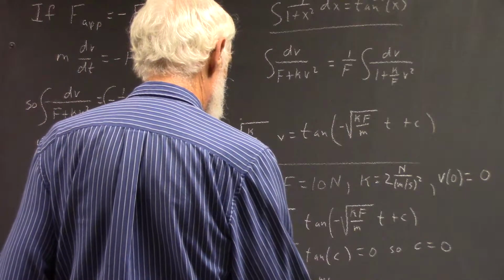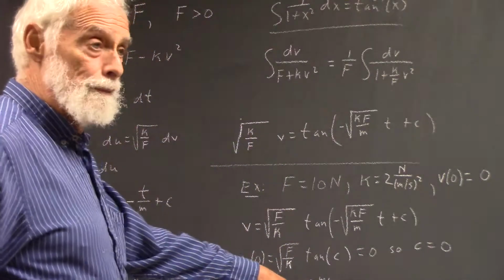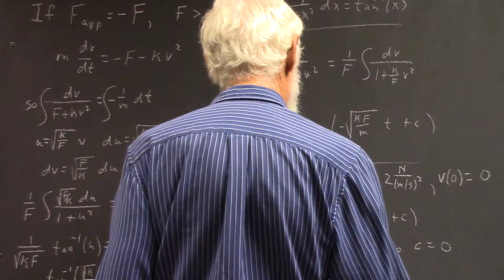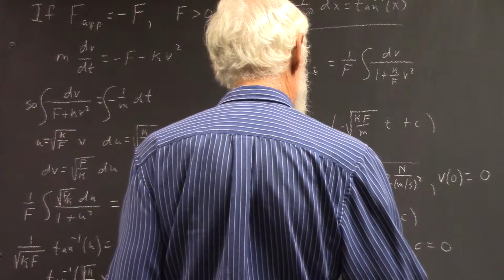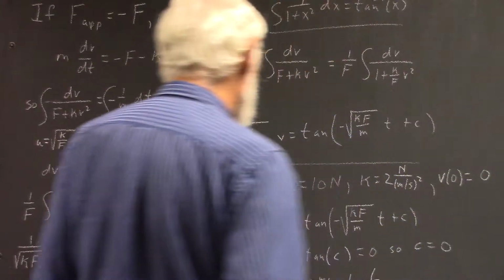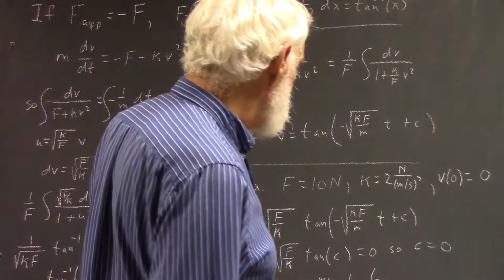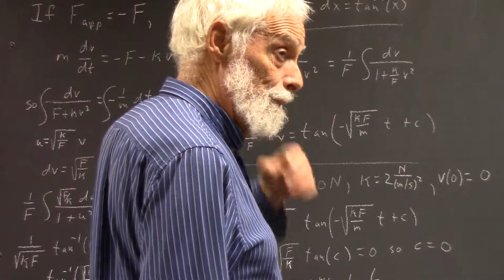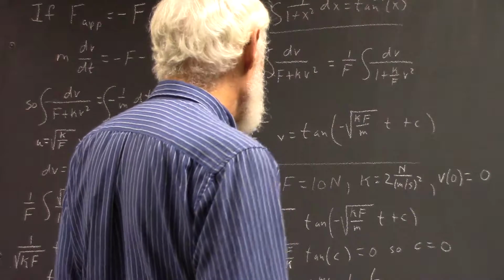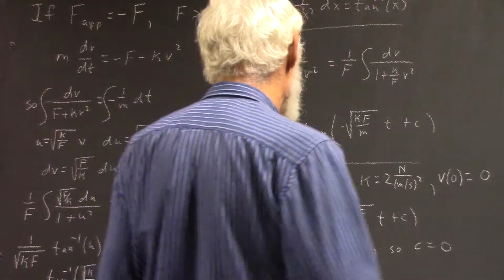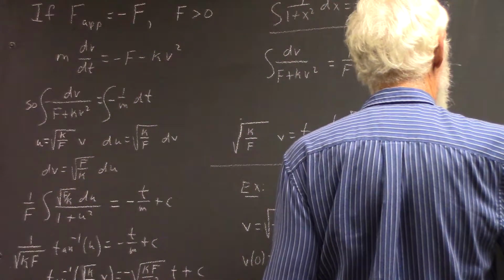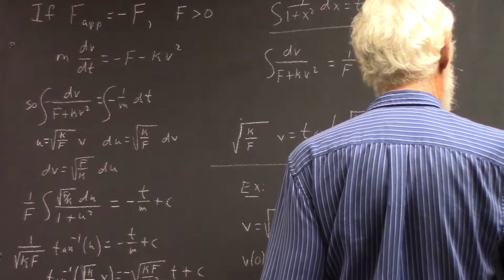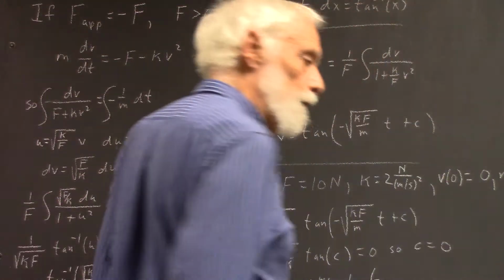F over kappa, square root of F over kappa, times the tangent of negative. Okay, well, now you got kappa F over M, right? And the numbers are going to be, oh yeah, mass, 3 kilograms.